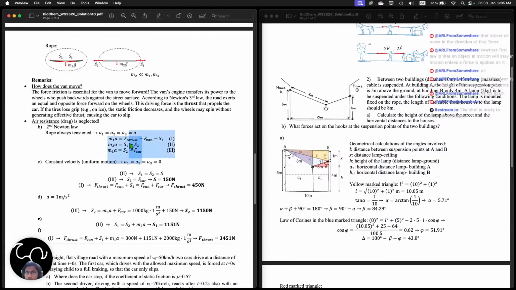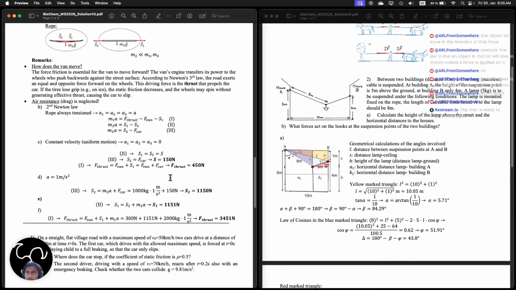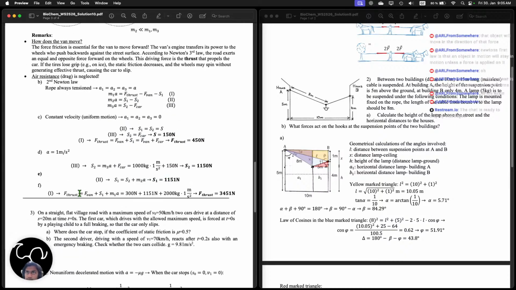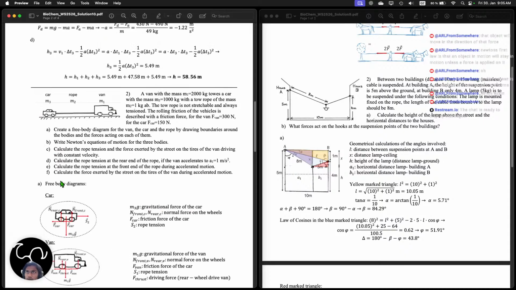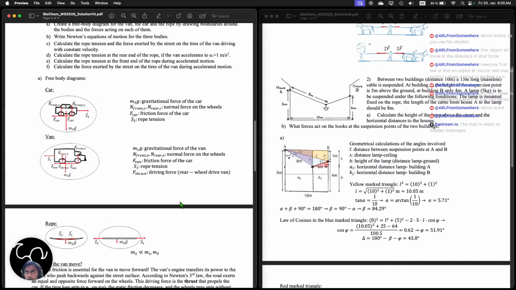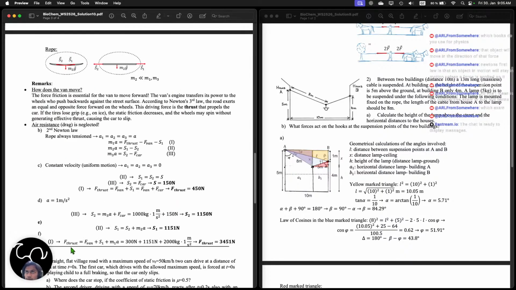I should know these, okay. F thrust. Calculate the force exerted by the street on the tires of the van during accelerated motion. So we should find F van, right? Or F thrust.